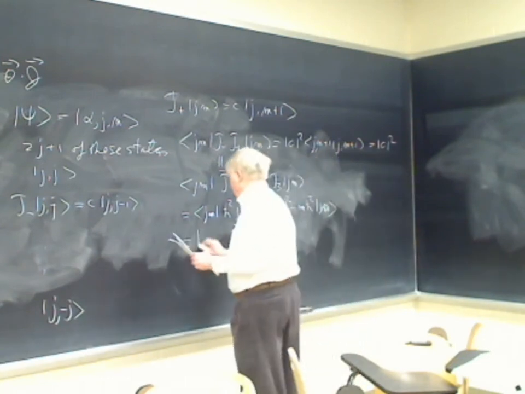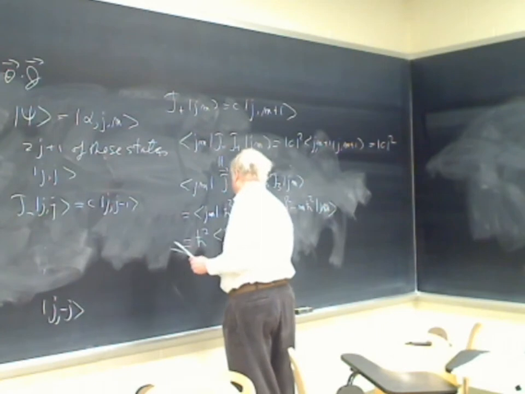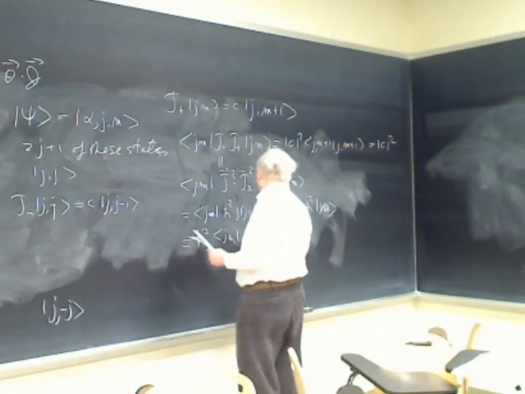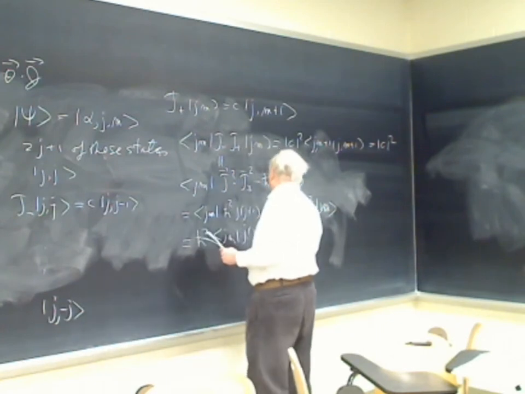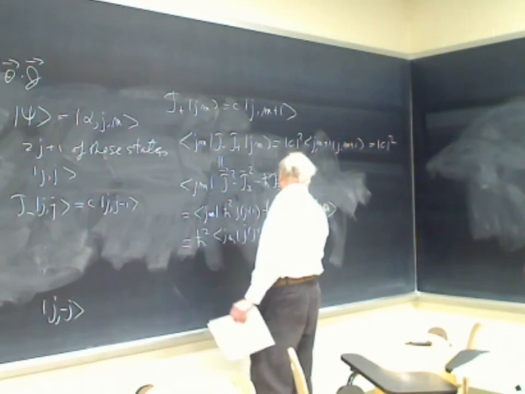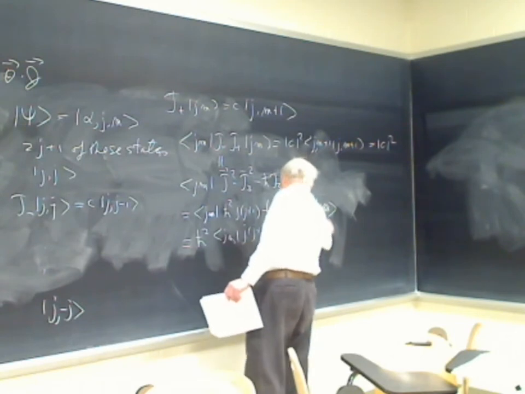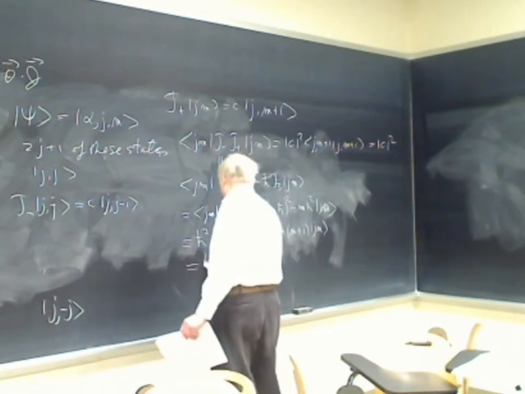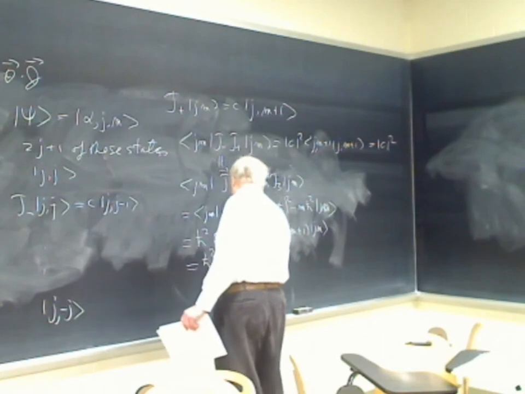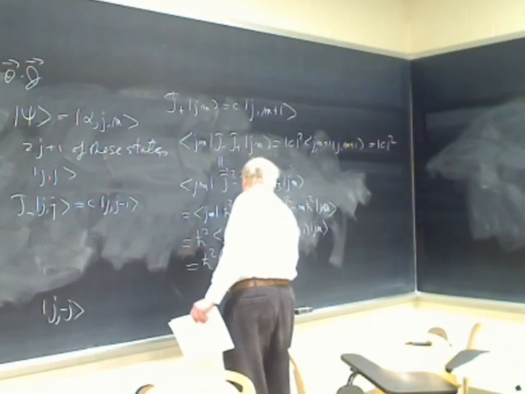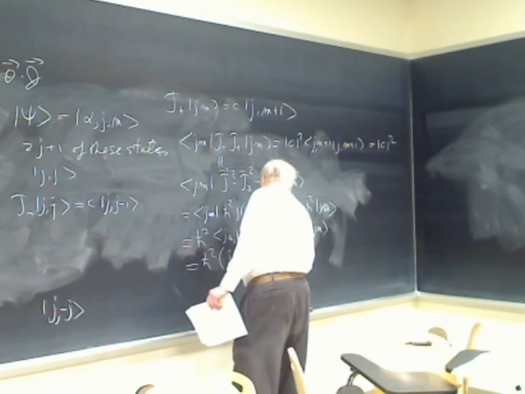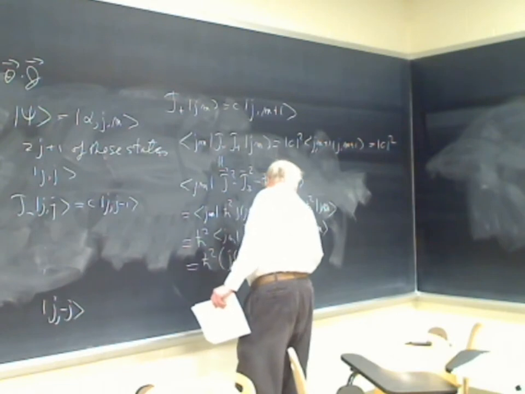And altogether that's h bar squared times j times j plus 1 minus m times m plus 1, times <j,m|j,m>. The state jm is assumed to be normalized, so this is h bar squared times j times j plus 1 minus m times m plus 1.